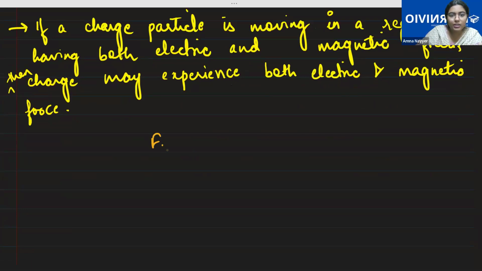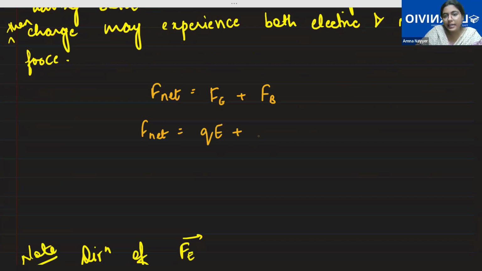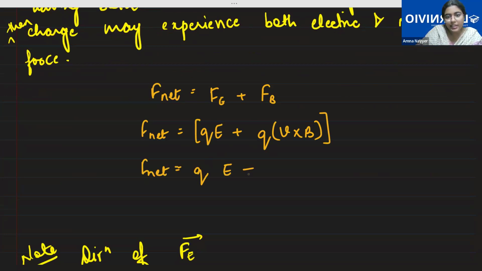We can say the net force is the electric force plus the magnetic force. Electric force is Q into E plus the magnetic force is Q V cross B. F net is equal to Q times E plus V cross B.